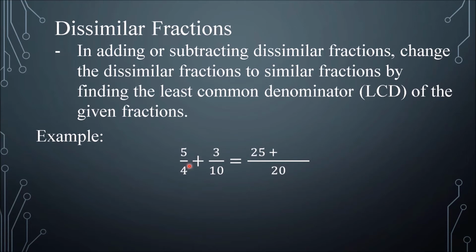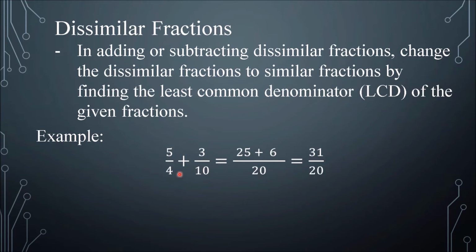Next, because this is plus, this must be plus also. So 20 divided by 10 is 2. 2 times 3 is 6. So 5/4, as you can see, becomes 25/20. 3/10 becomes 6/20.